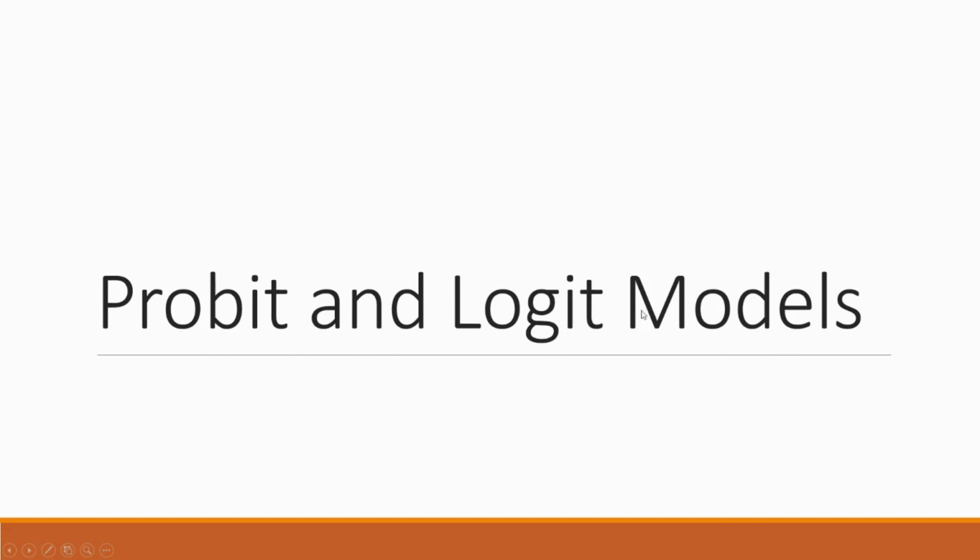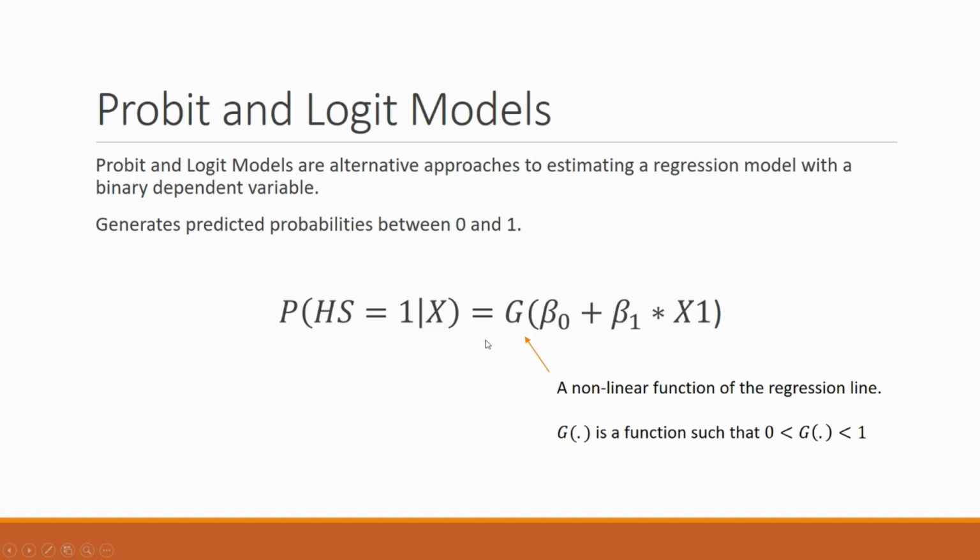Probit models and Logit models are models that are used to study binary dependent variables. So if we want to study the effect of some independent variables on a binary dependent variable, two models that we can use are called the Probit and the Logit model. I will now show you what these models are, and then we'll talk about their advantages and disadvantages.